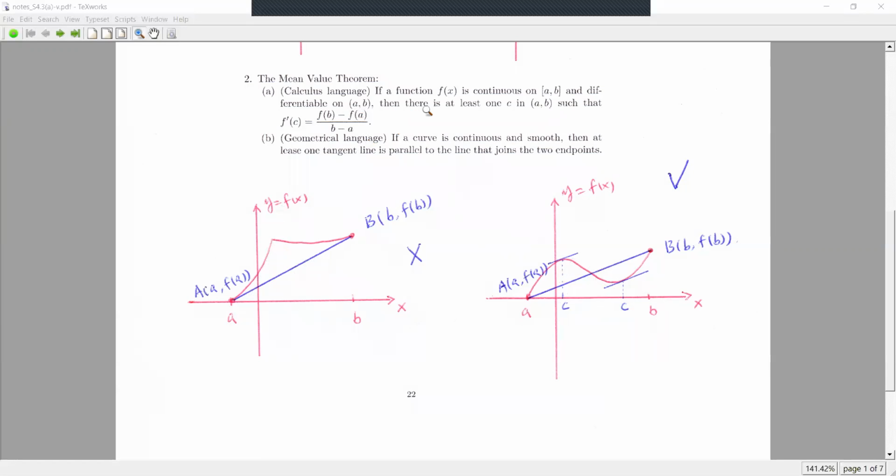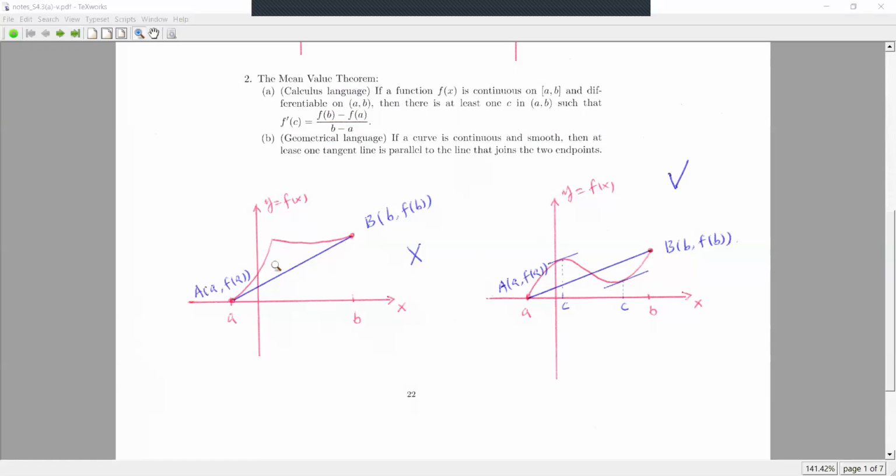Then the conclusion: there is at least one c inside this open interval such that derivative at c is this number. This number is the slope of the line that joins the two endpoints. By the slope formula, you will see the slope of the broad line is this number.